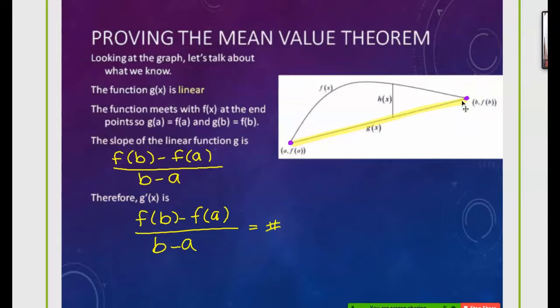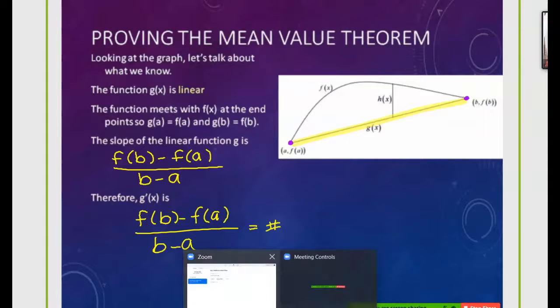If you make them have a different y value, that shows you the mean value theorem. So if you make f of a and f of b have the same y value, then you can see the connection between Rolle's and MVT.